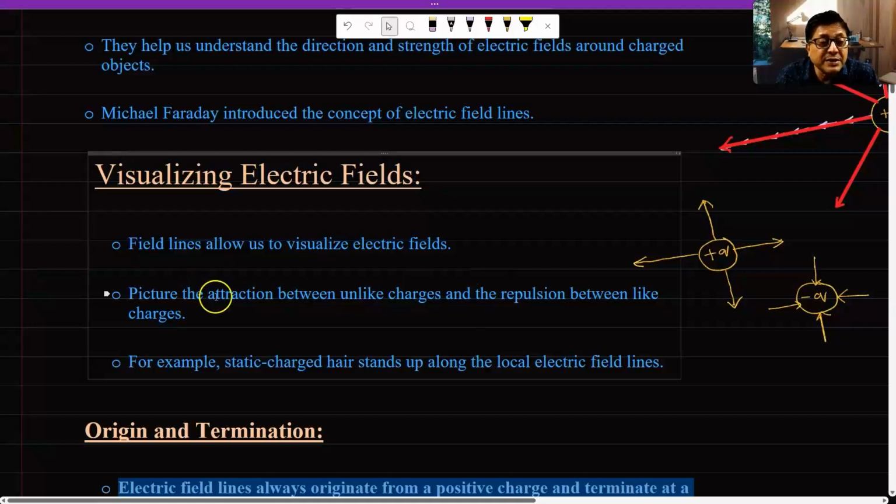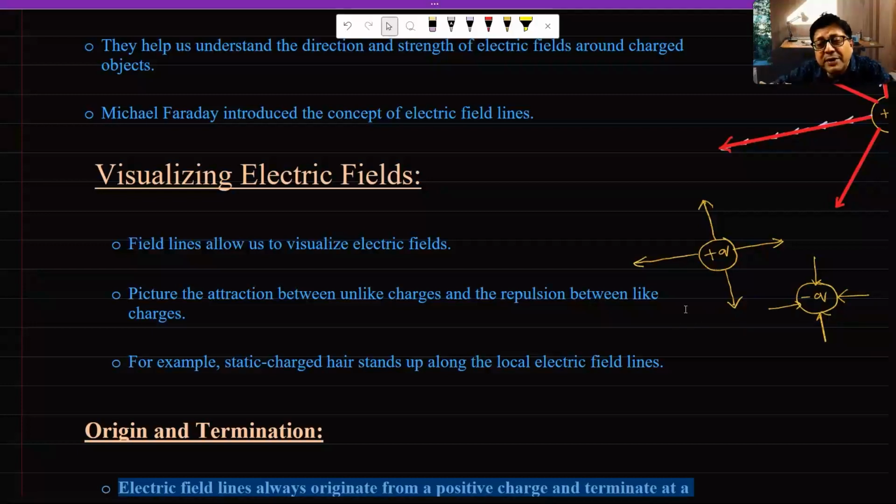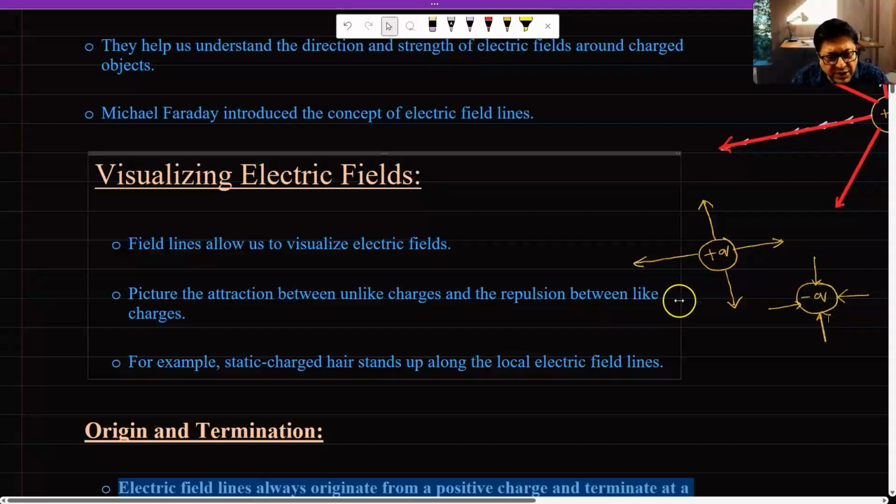The picture will show the attraction between unlike charges, which I'll show you, and repulsion between like charges. If you keep 2 positive charges side by side, they will try to separate. So field lines will exert lateral pressure on each other. They will move. That we'll see.